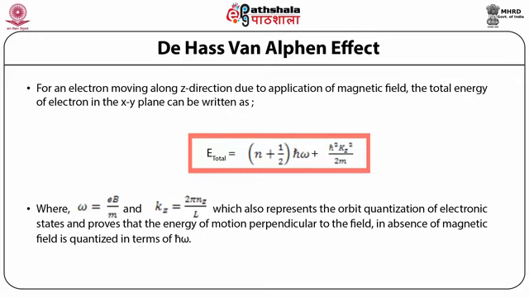So equation 2 represents the orbit quantization of the electronic state and proves that the energy of motion perpendicular to the field, in absence of magnetic field, is quantized in terms of h cross omega.